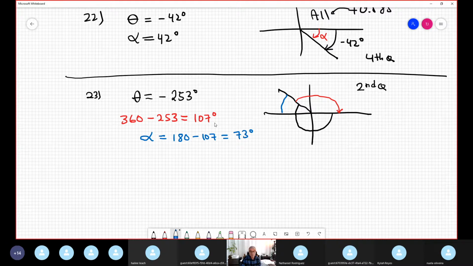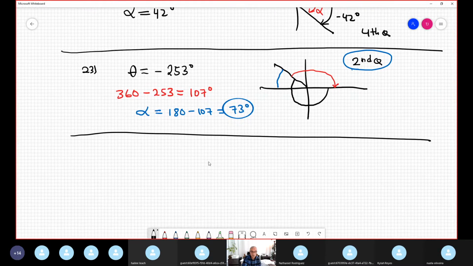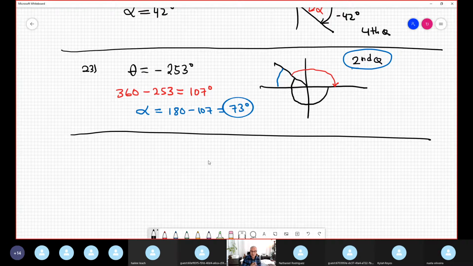Okay? And this is the guide used to find the trigonometric function. You adjust the sign. My original angle lies in the second quadrant, but this is my reference angle that always lies in the first quadrant. Any trigonometric function of 73 and negative 253 coincide perfectly in the value, not in the sign.